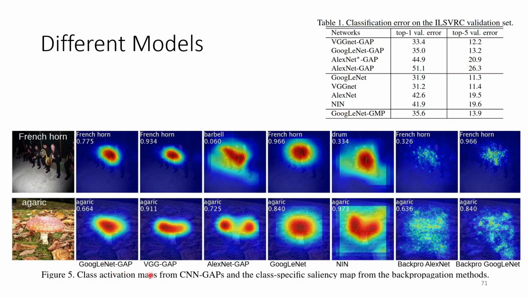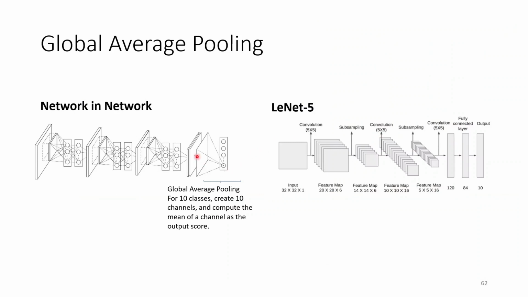It means they slightly modified GoogleNet, because the original GoogleNet doesn't have this last layer.